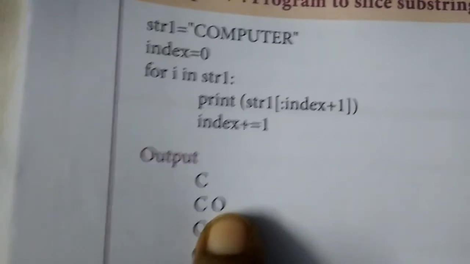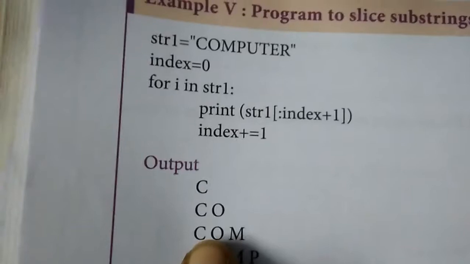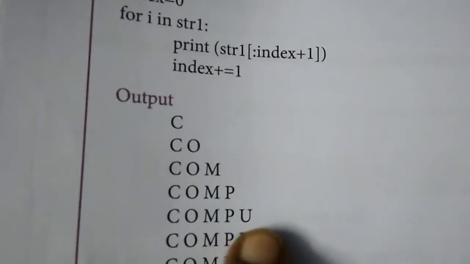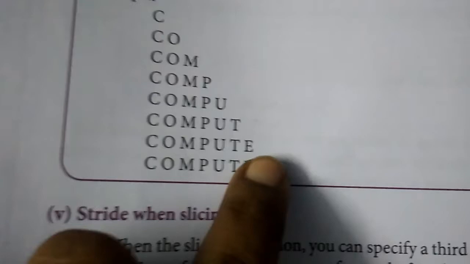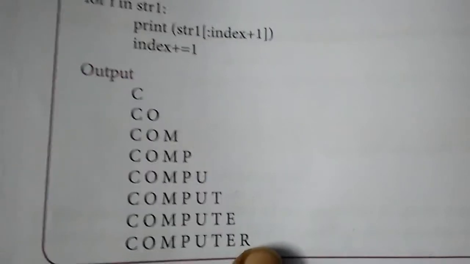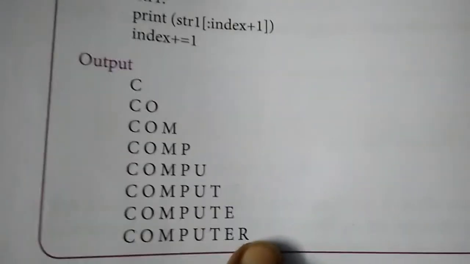Then 1, and next 2, so it will be displayed up to M. Next value will be 3, up to P. Then 4, 5, 6 and the 7th letter. So this is the concept of displaying the letters using the index value, using string slicing.